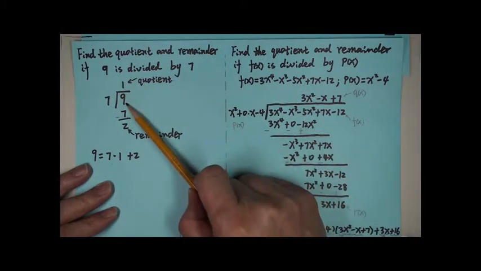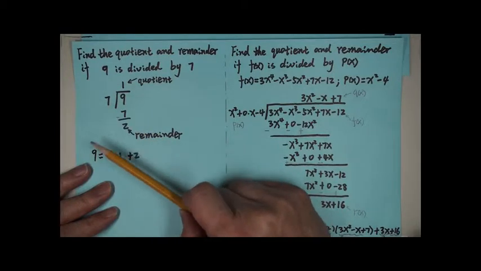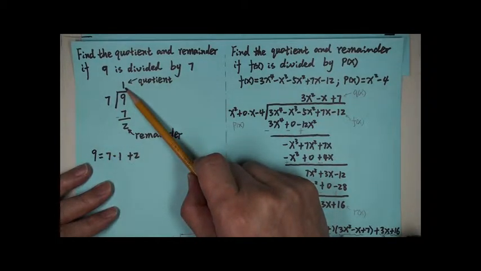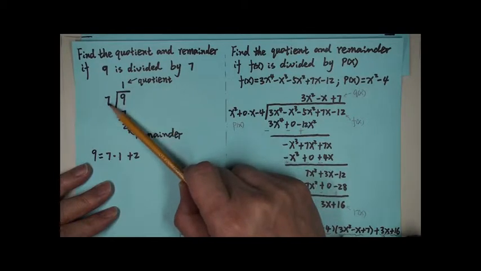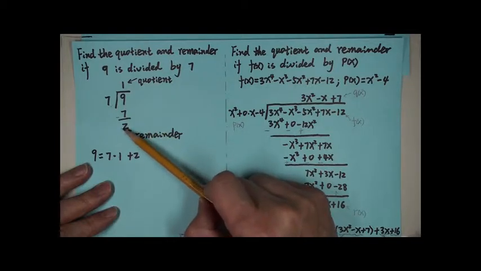We write 9 here and the divisor 7 here, and then we put the quotient 1 upstairs. 1 times 7 is 7, so 9 minus 7 is 2.